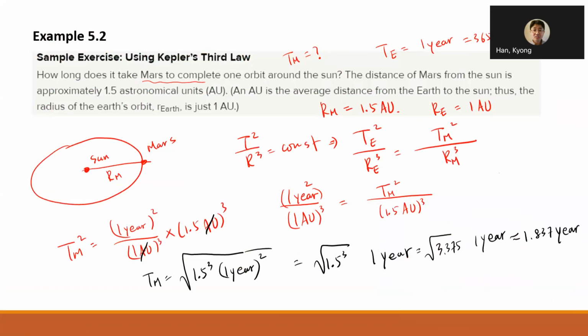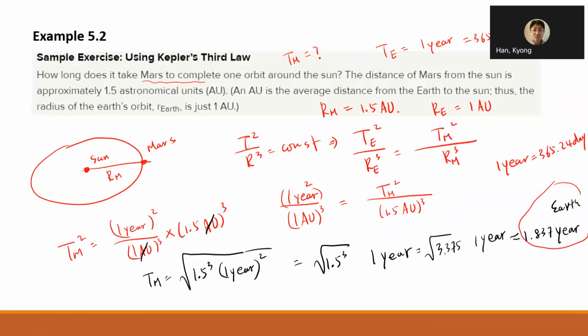This is Earth years, and this will be the answer. Then to convert to days, we know 1 year is 365.24 days. Actually, some years have 365 days and some have 366 days, so the average is 365.24 days.